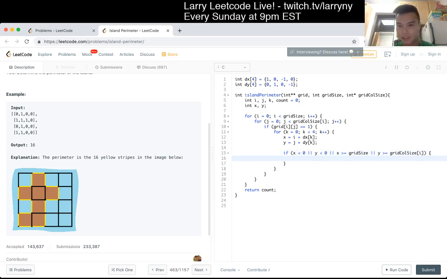So in this case, you actually increment it, because if you're inside the island, you have to look outside the border.